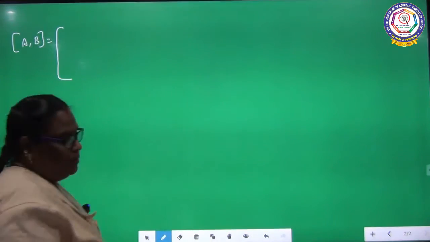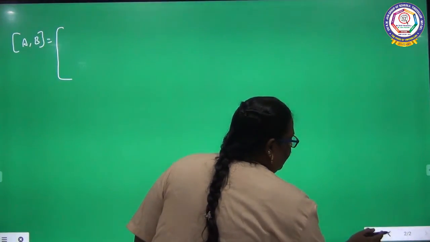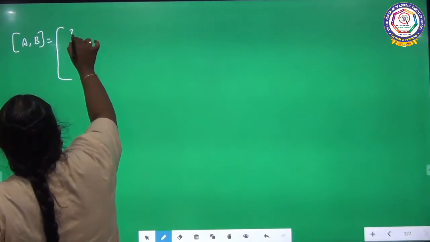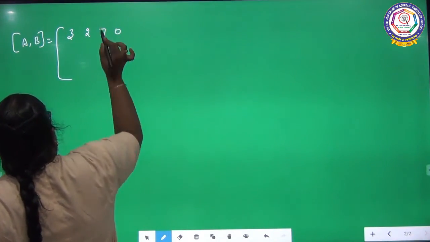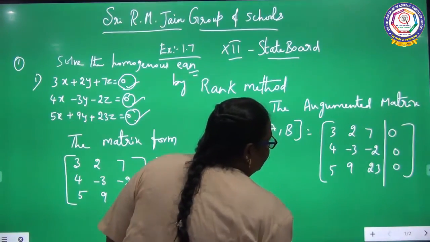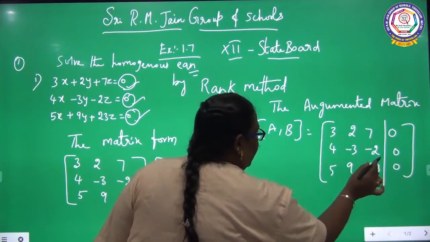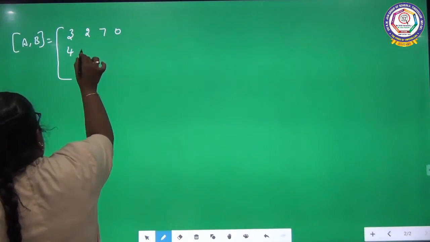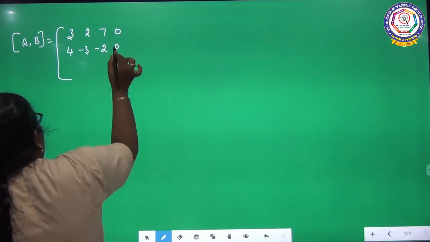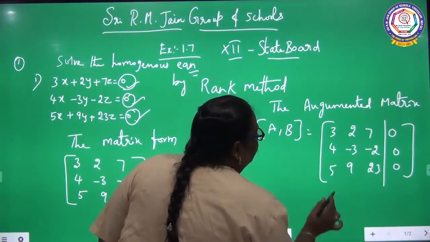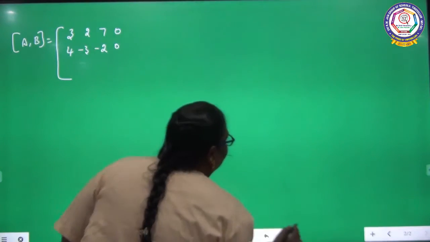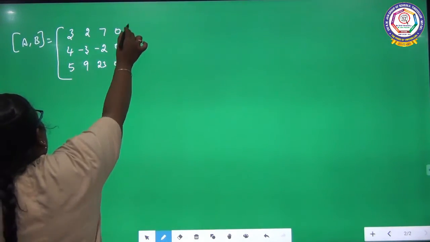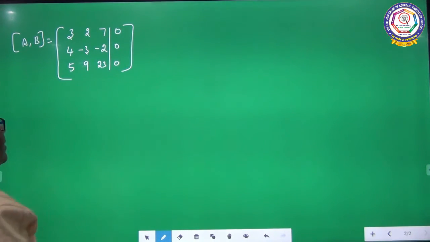What is the A value? 3, 2, 7, 0. Next, 4, minus 3, minus 2, 0. Next, 5, 9, 23, 0. This is the B value.